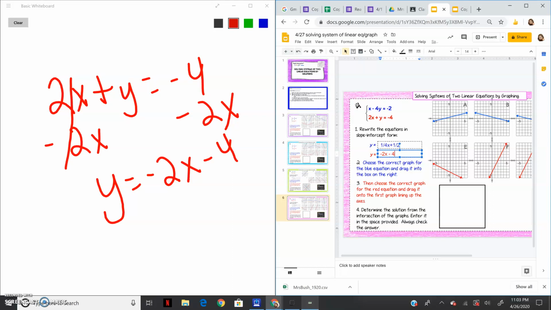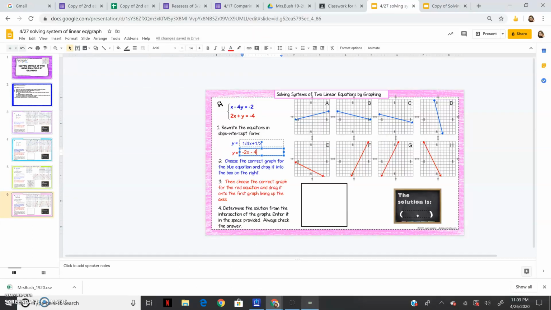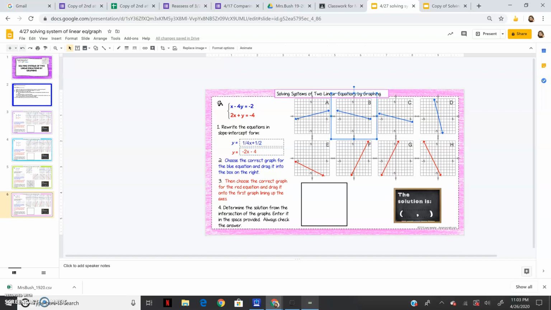So now we're going to go over here and we're going to take these equations and we're going to find them. Okay, so +1/2 on the y-axis. So this one does, that one's negative, and that one goes through 0, 0. So C and D are out. So let's look at A and let's look at B. Is this positive or is this negative?